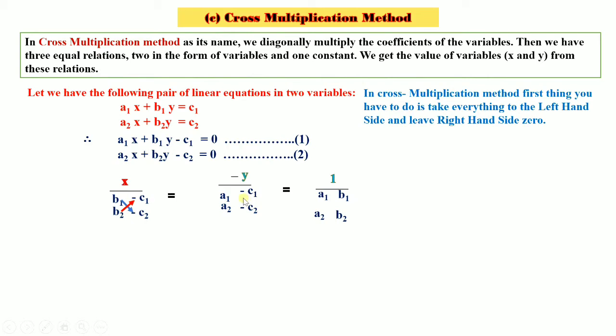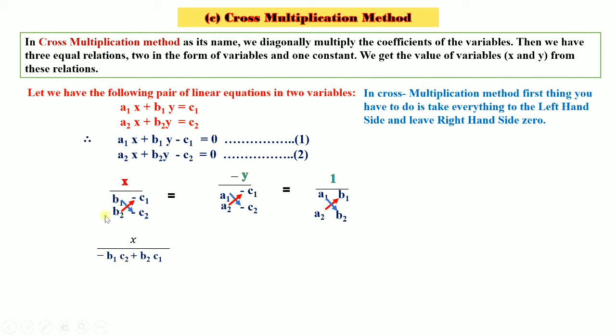Same thing here, multiplying this way, whatever signs are there, that is simple multiplication. While multiplying this way, we will be putting an extra minus there. Same thing here, just what I was talking about. Let us see, x upon, look here, minus c2, so b1 into minus c2, that is minus b1 c2.